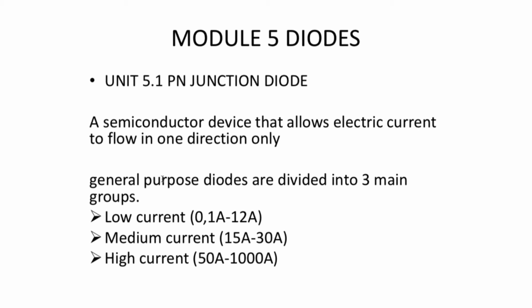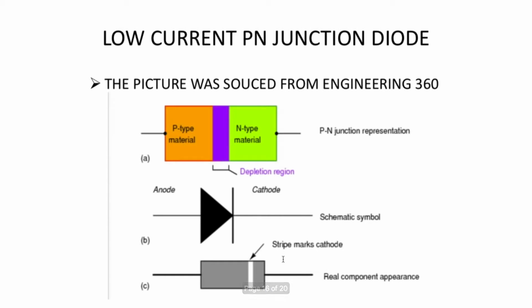The general purpose diodes are divided into three main groups: the low current, the medium current, and the high current. The low current PN junction diodes. On our slides, as you can see, the picture was sourced from Engineering 360. You can get it online and learn more about the junction diodes.